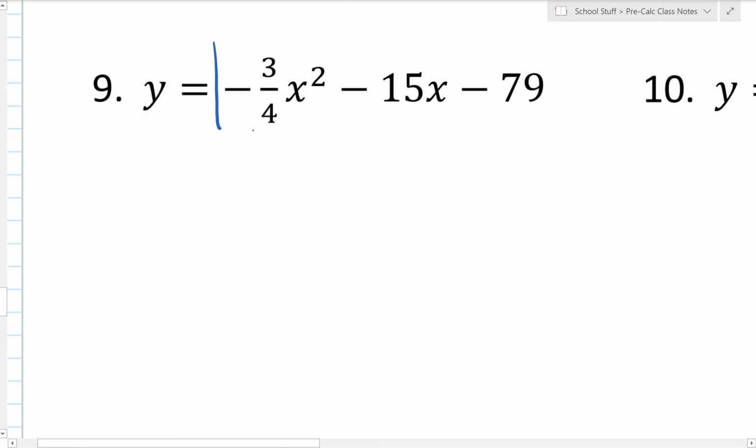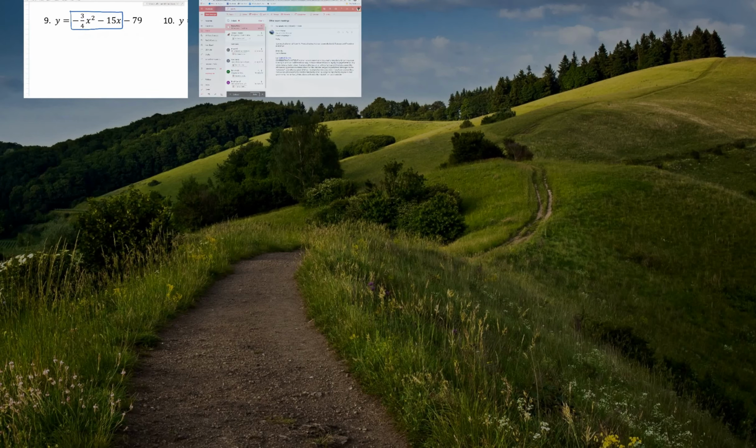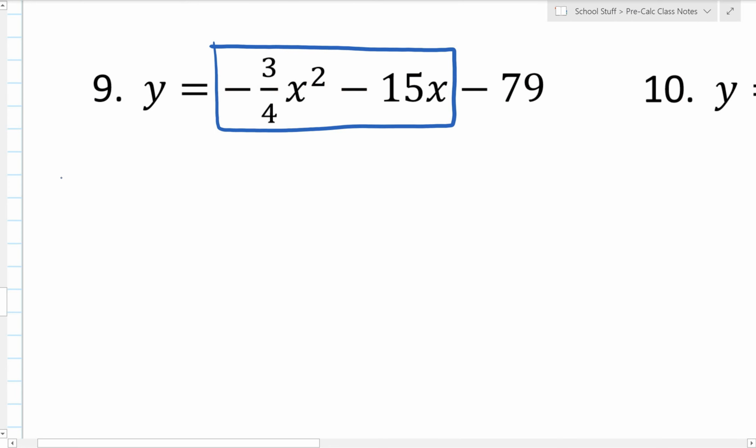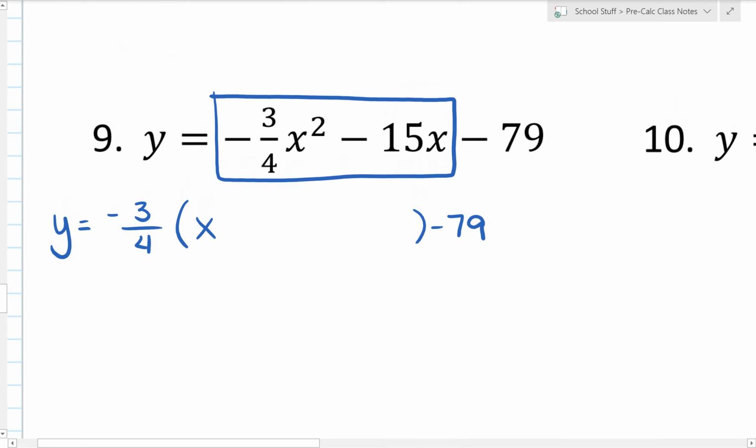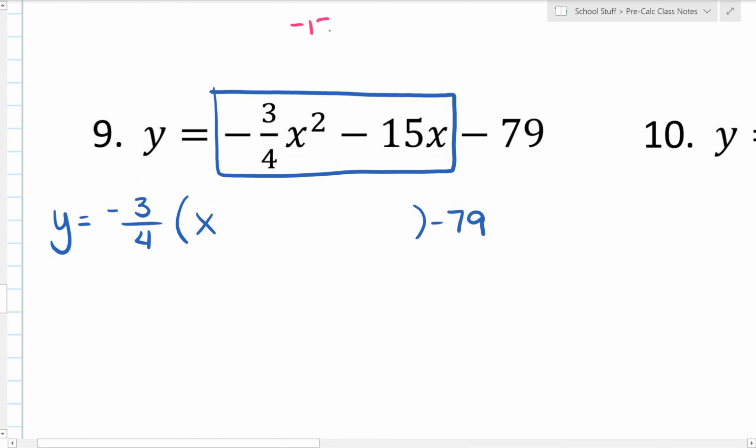Again, I'm going to complete the square on just those first 2 terms. So I will have y equals, but I need to pull out that multiplier. Now it's your choice. At this point in time, you can get a common denominator here. I like to think on the side: I've got negative 15.